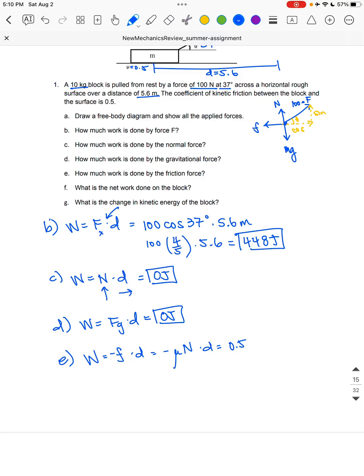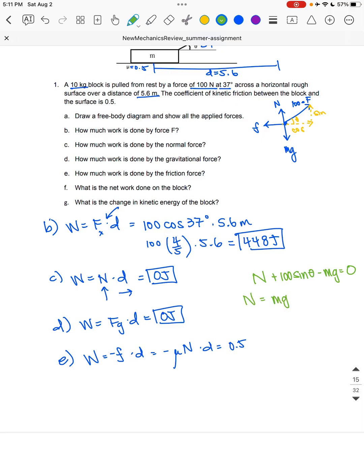So we know that this block is not moving up or down on the surface, and so we know the net force in the y direction is 0. I'm going to start calculating the normal force first, kind of do some side work up here. Normal force is pointing upward. The y component of the applied force is pointing upward, so I'll call that a positive 100 sine of theta. Again, I'm focused on the y component of the applied force, and then I subtract the force of gravity because that's pointing downward. So the normal force is equal to mg.